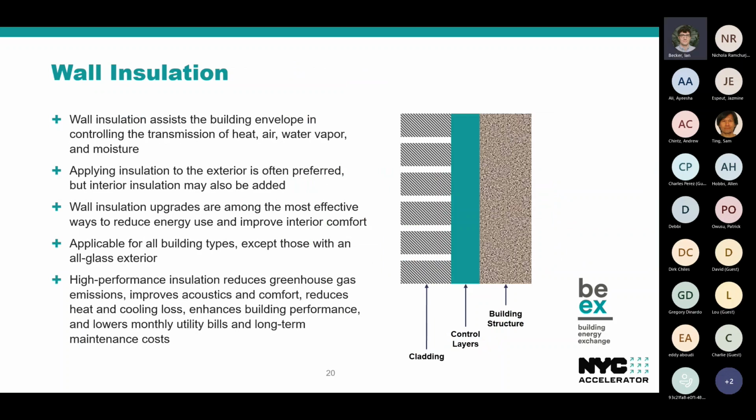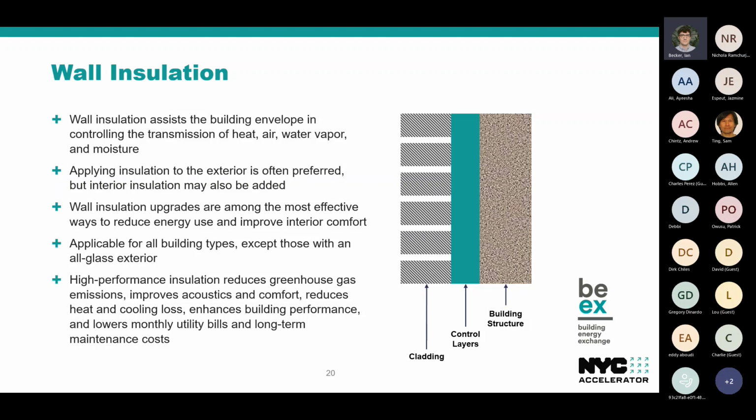Another common measure is just related to insulation of the wall and roof. High performance insulation improves tenant comfort as well and can save energy while reducing utility bills. It has other benefits as well. It can improve building acoustics. It can reduce heat and cooling loss, and just otherwise enhance building performance.